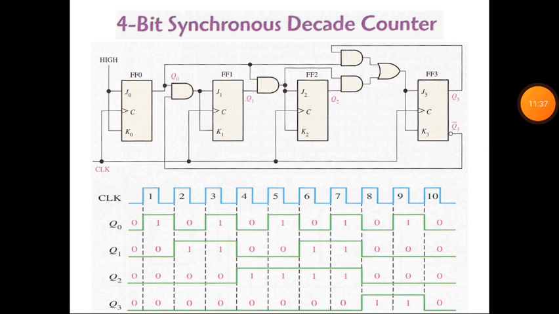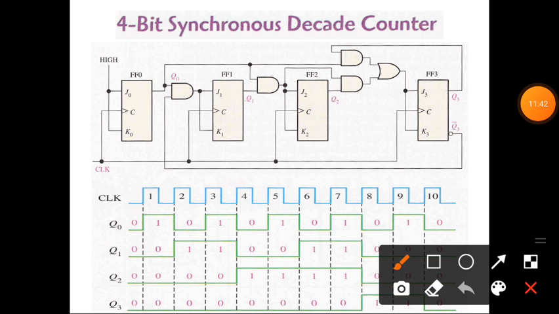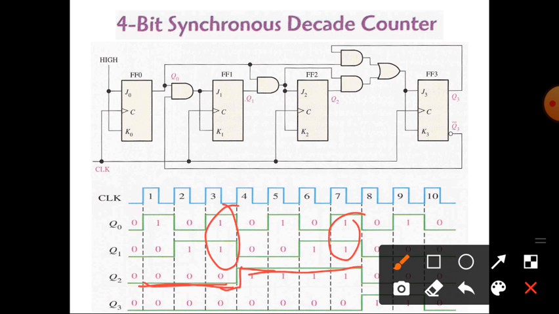Then the next case, Q2. When Q0 and Q1 are both equal to 1, at that time on the next clock pulse Q2 changes its state. So here we are taking the Q0 and Q1 outputs.